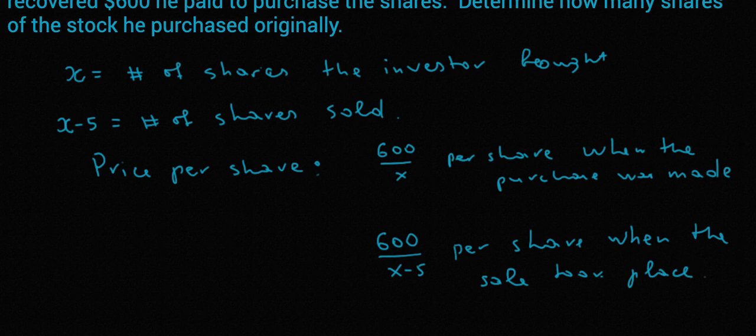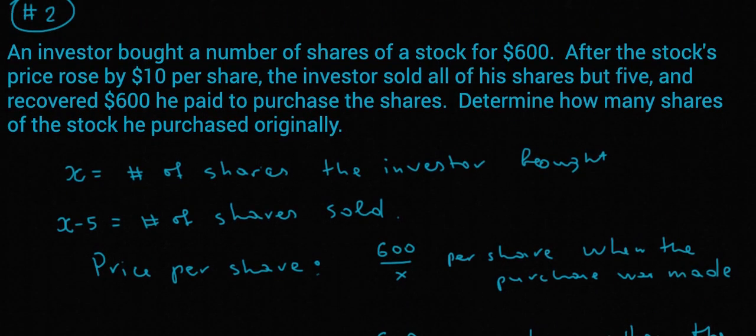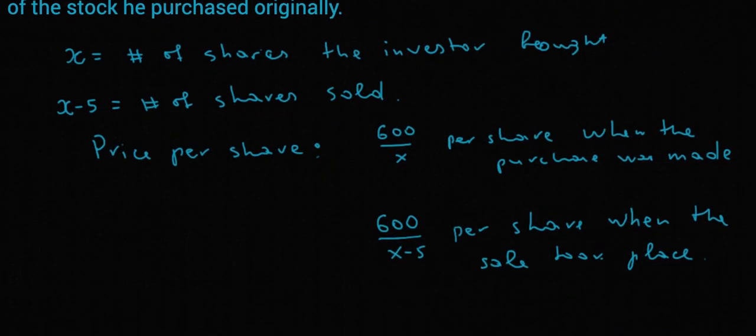And now we can express the information in the problem where we are told that the stock's price rose by $10. So if we compare these two numbers, 600 divided by X and 600 divided by X minus 5, the second number is going to be $10 higher than the first.